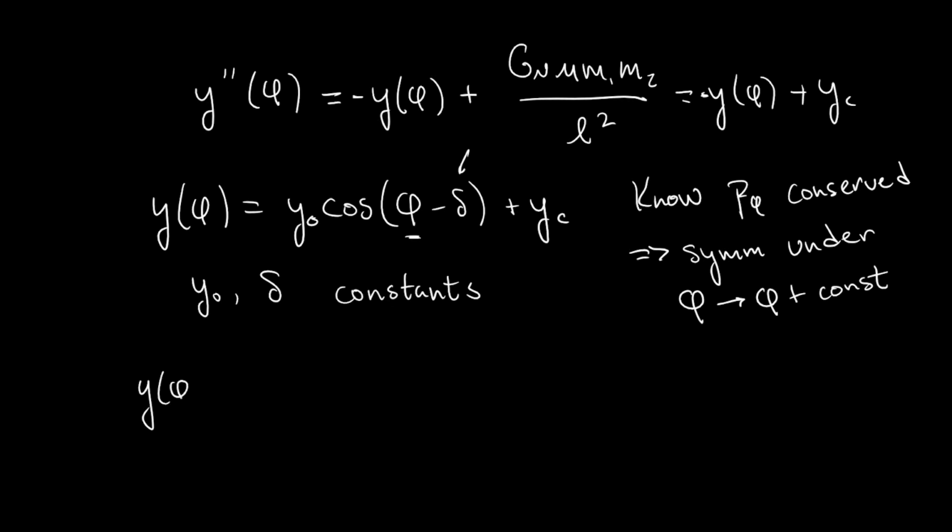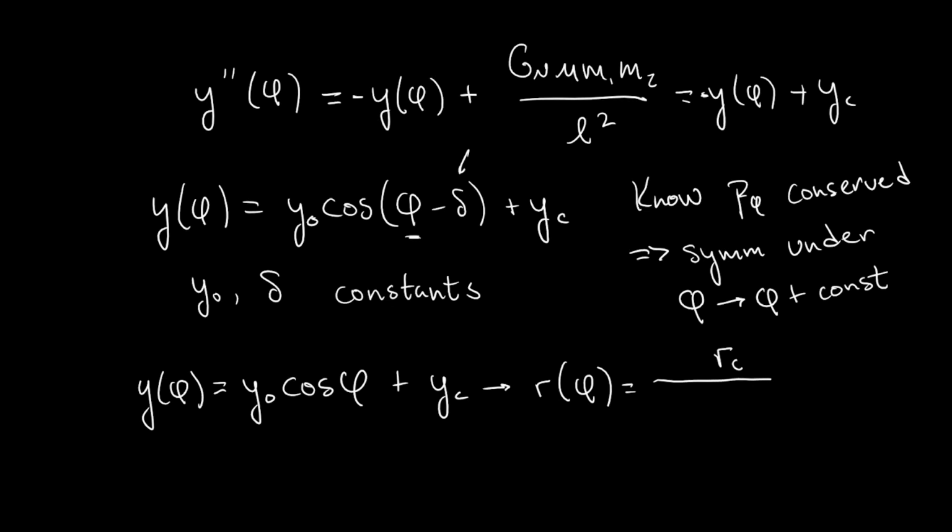So, just doing that really quick, y naught cosine phi plus yc. And this leads to r of phi equals, and I'm going to shuffle around constants a bit, rc over epsilon cosine phi plus 1, where epsilon is equal to y0 over yc.